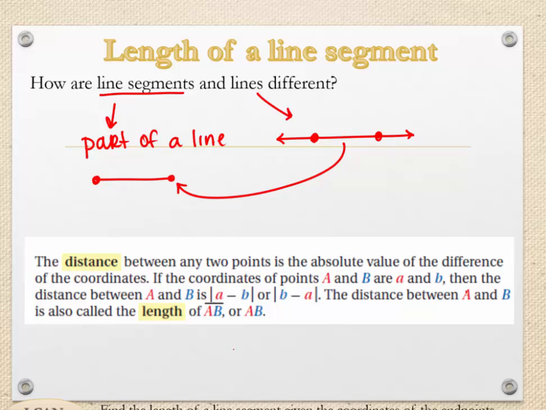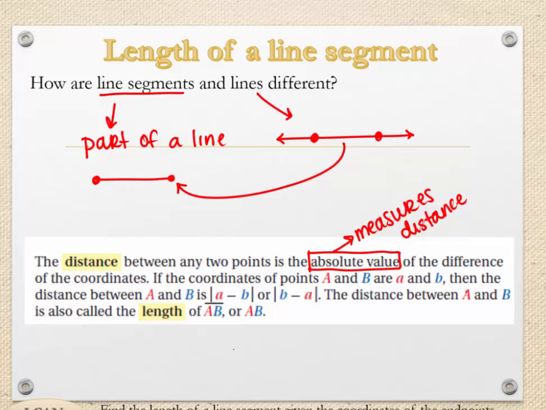So the distance between any two points is the absolute value of the difference of the coordinates. The reason we take an absolute value is because absolute value measures distance. Absolute value of a number is how far it is away from 0.